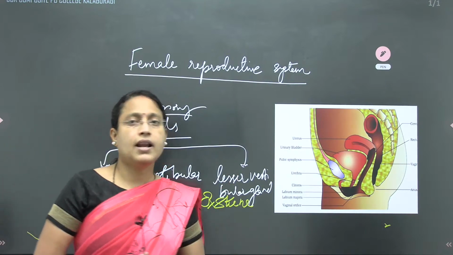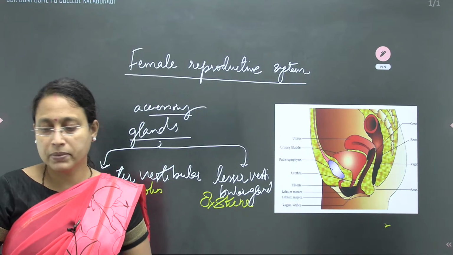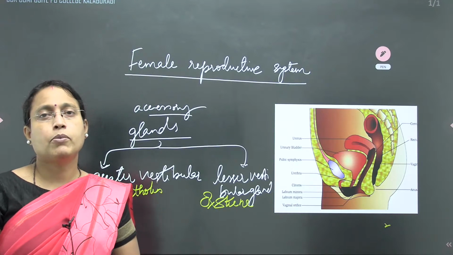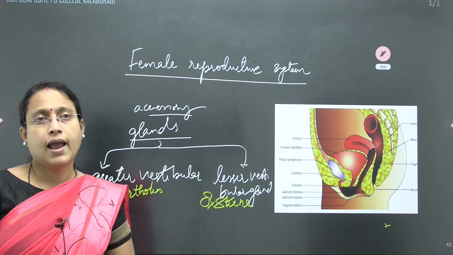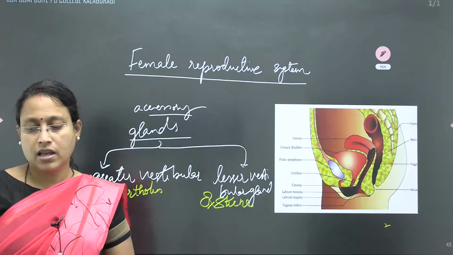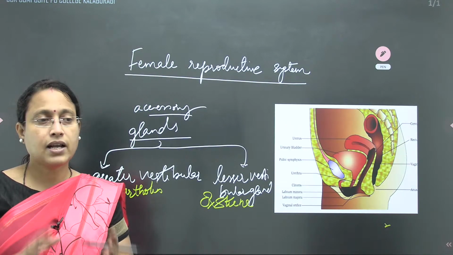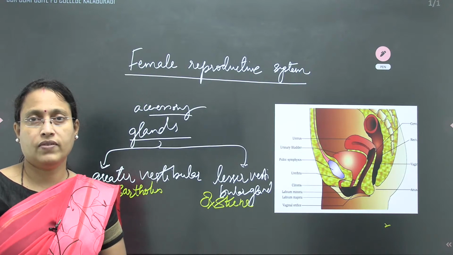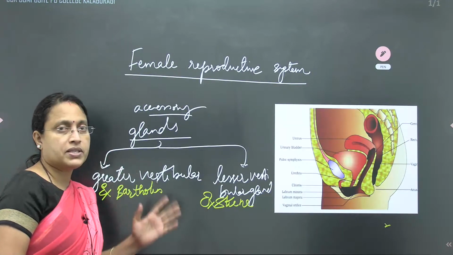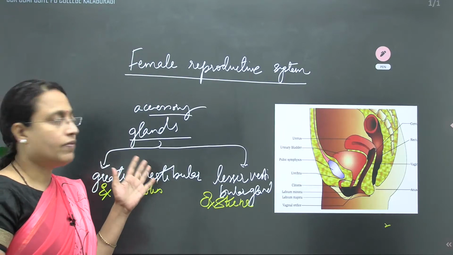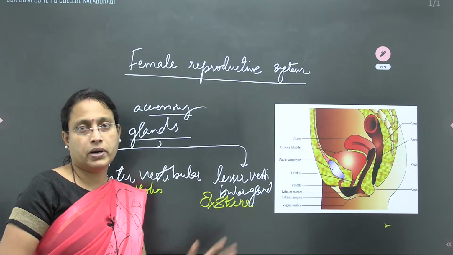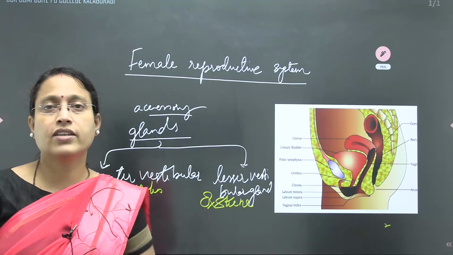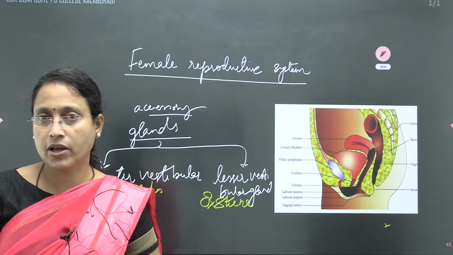Whereas the lesser vestibular glands are skin glands, which share homology with the male prostate gland. Its ducts open on either side of the urethral meatus or urethral orifice. So the two openings present in the vestibule will have the ducts of these glands opening. Therefore, this is about the accessory glands present in the female reproductive system.